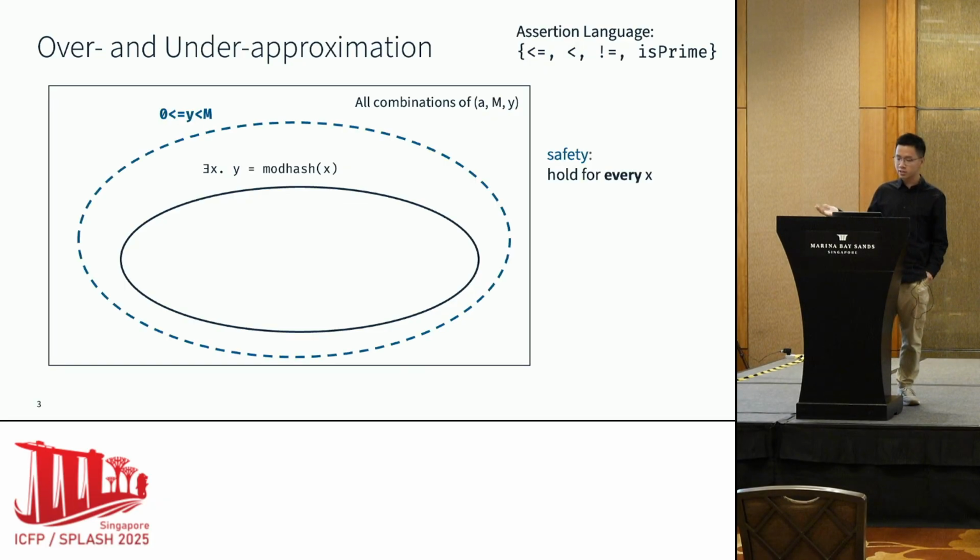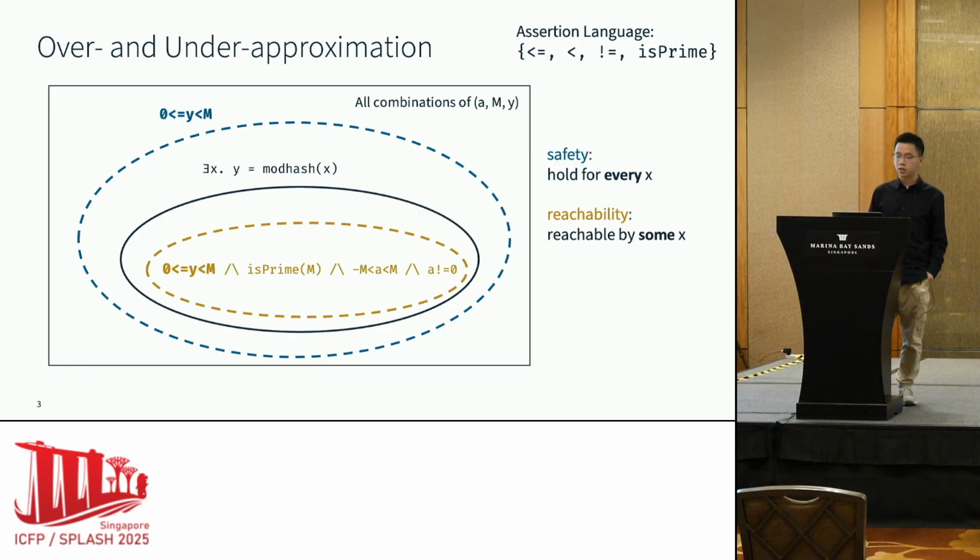Here, the blue formula, what we call safety properties, over-approximates the program, while the yellow formula, what we call reachability properties, under-approximates it. Although both of them share the same formula, say 0 less than or equal to y less than m, their semantics actually differ from each other.